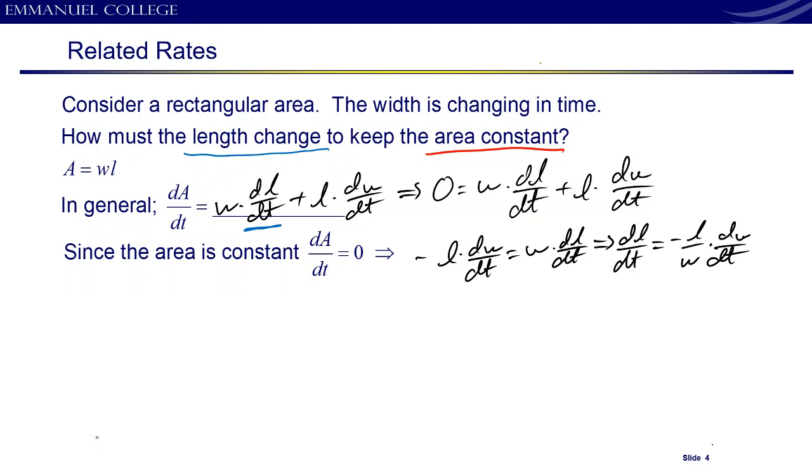And so now what we know is that if we want to keep the area constant, which again means its rate of change is 0, then the rate of change of the length has to be this ratio of the negative length divided by the width times the rate of change of the width as time goes on.